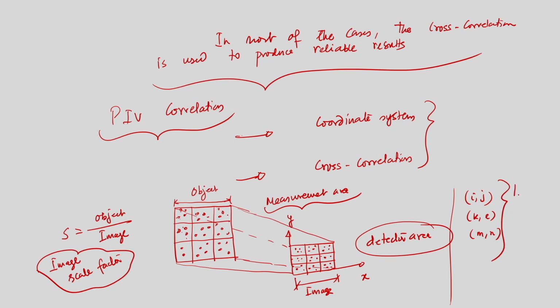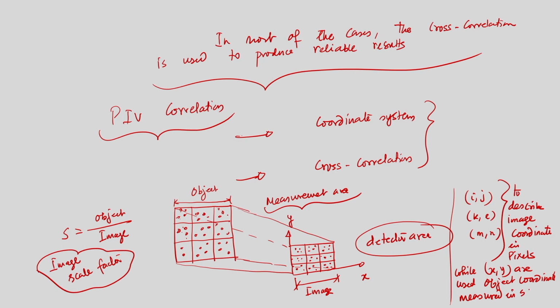These are used to describe image coordinates in pixels, while x comma y are used for object coordinates, measured in SI units.